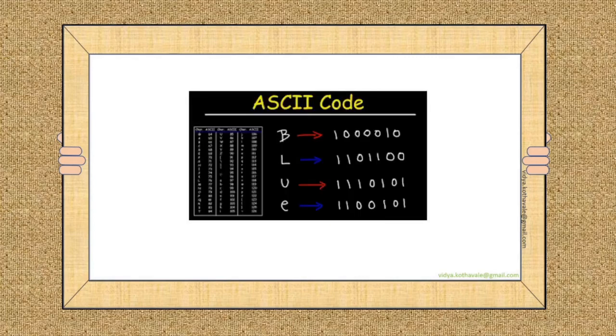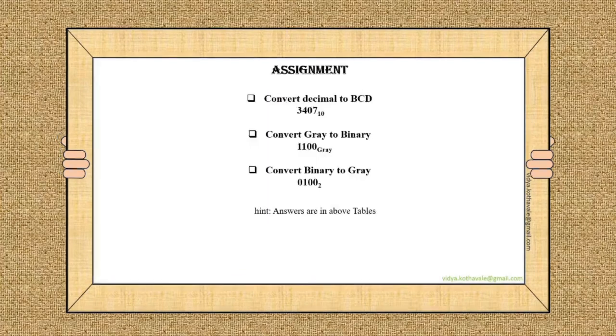For example, for capital letter B, the ASCII code, that is the 7-bit code, is 1000010. Similarly, for capital L, capital U, small alphabets, small e, and so on. Students can take this assignment and become expert.